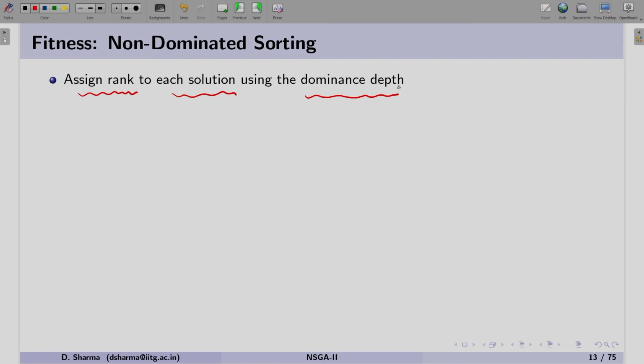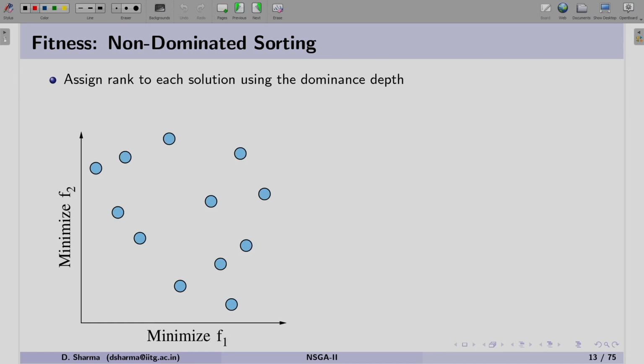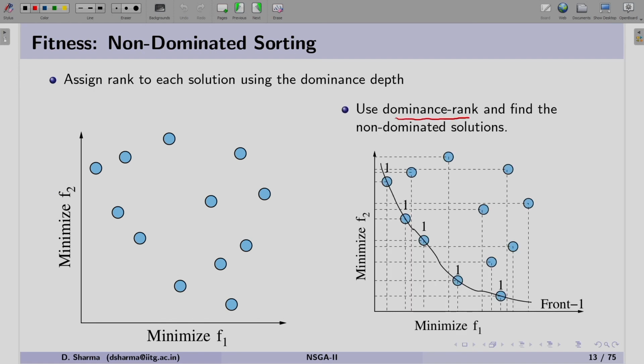This dominance depth method we already discussed, so as a recap, let us understand how it works. Let us see the case when we want to minimize f1 and minimize f2, and there are certain solutions in this objective space. Then we use dominance rank and find the non-dominated solutions, meaning that we will use the concept of dominance and compare each and every solution shown in the figure.